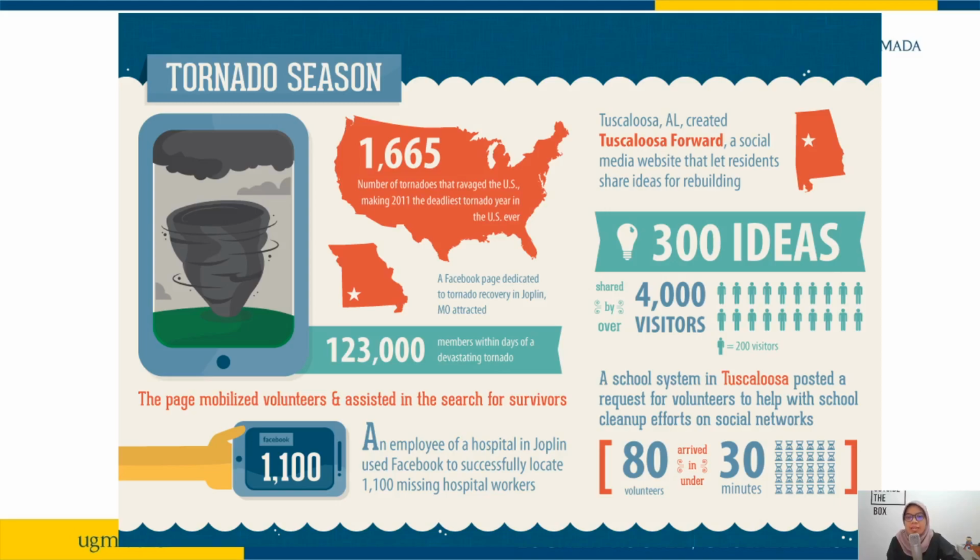And also, a school system in Tuscaloosa posted a request on social network for volunteers to help with school cleanup efforts. Surprisingly, within just 30 minutes, 80 volunteers arrived. Okay, so this is pretty amazing.